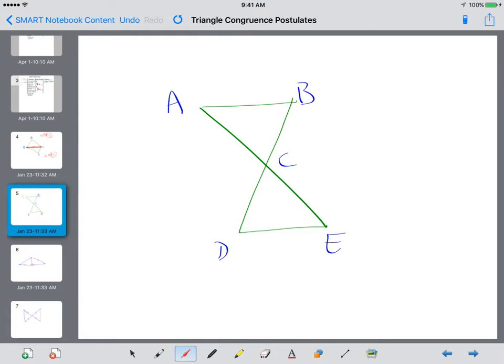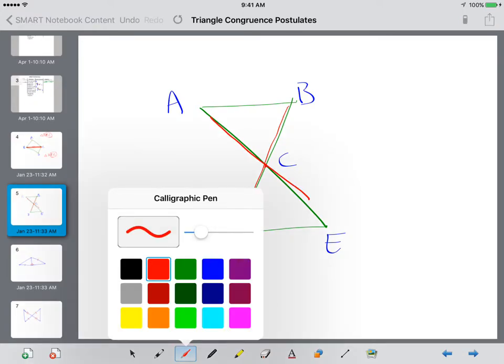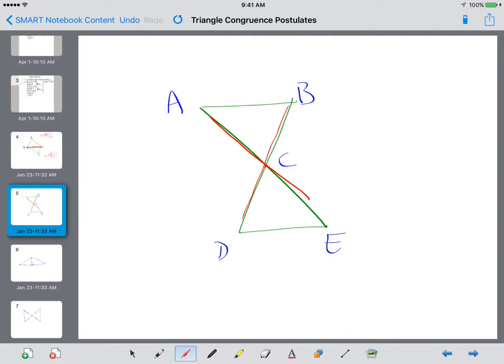The next piece of information we should know is when these triangles share a little tip right here. They share that tip, well, that means that we have two lines that intersect. And if you recall, two lines that intersect create vertical angles. And vertical angles are congruent.